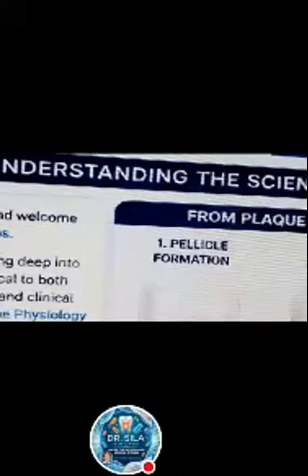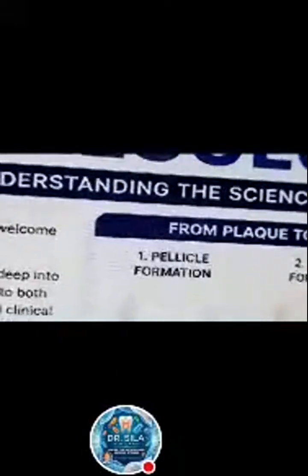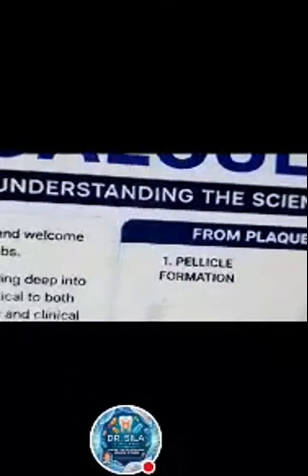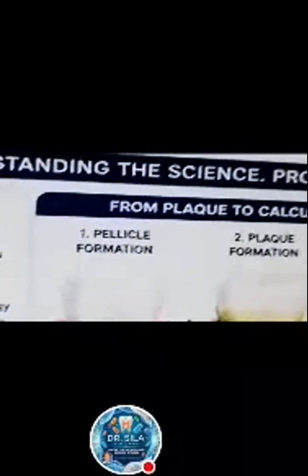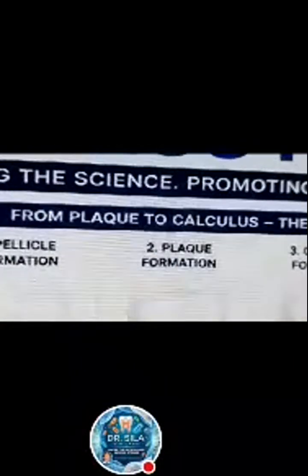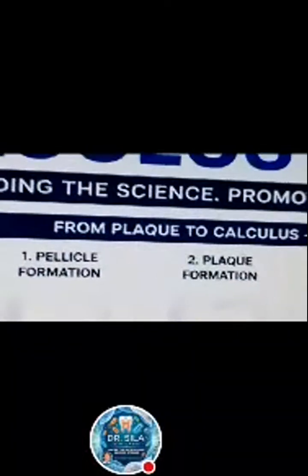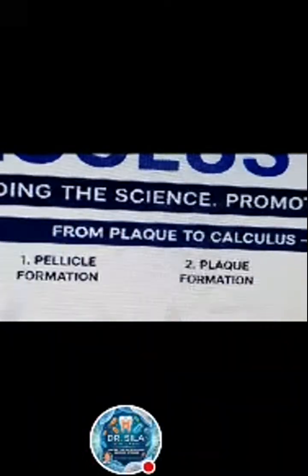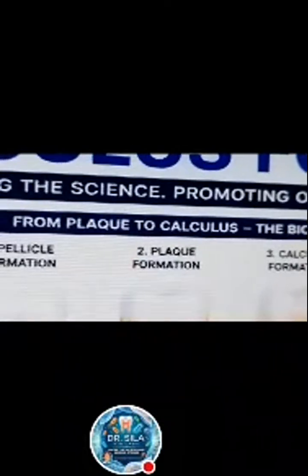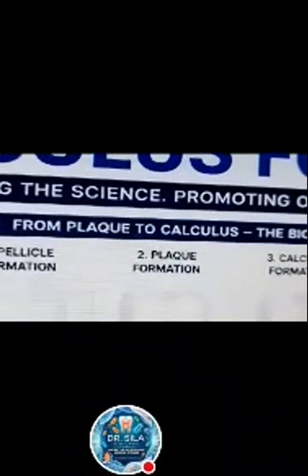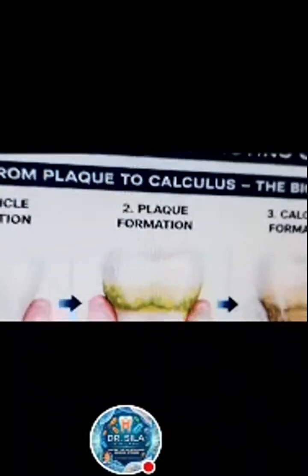The pellicle is a salivary protein coat on the tooth surface within minutes. That is the pellicle. And then plaque: what is plaque? Bacteria in your mouth adhere to the pellicle, multiply, and form a biofilm that is called plaque.